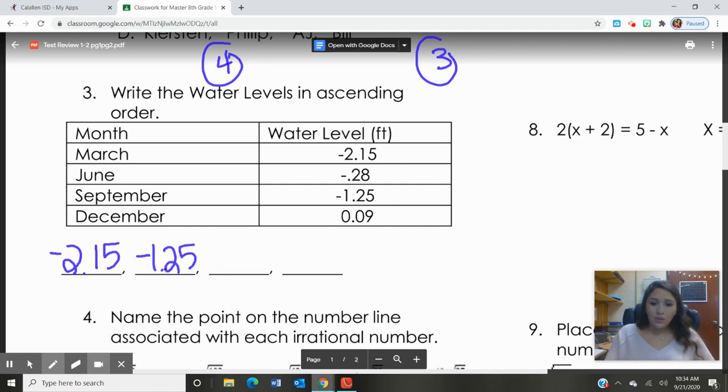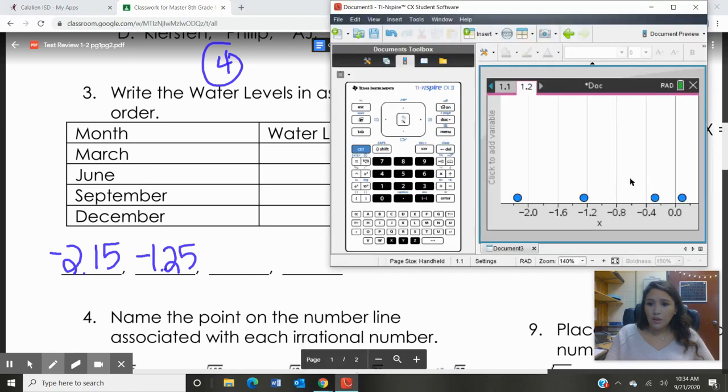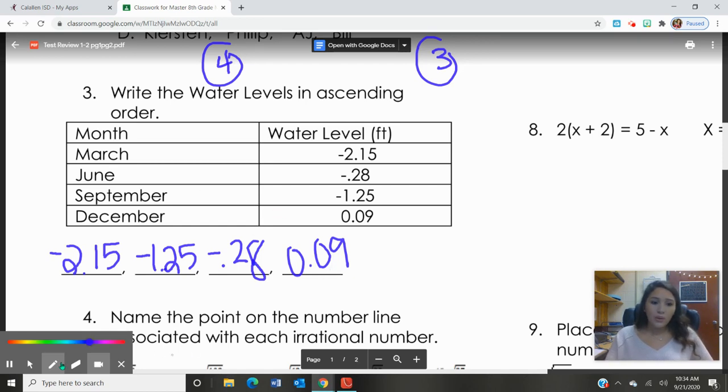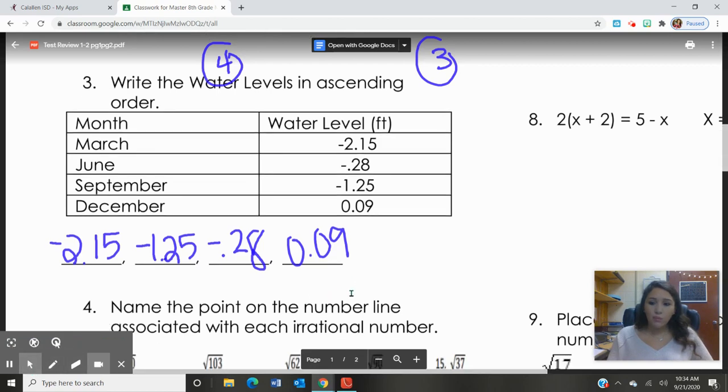Okay, my next value is going to be negative 0.28. And then lastly, it's going to be 0.09. Okay, so we just listed these water levels in ascending order, or least to greatest. So that was problem 3. Let's look at problem 4.